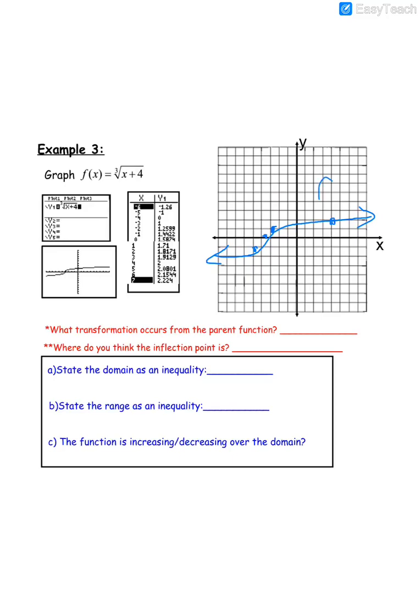And I'm going to call this f of x. And what transformation occurs from the parent function? So this time, from the origin, it's actually shifting left 4. What's my point of inflection or inflection point?